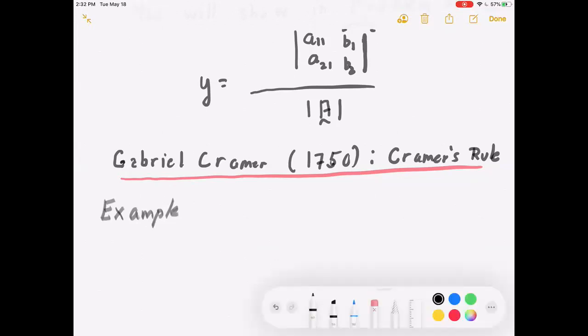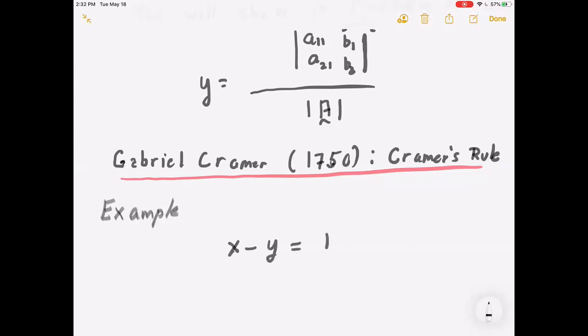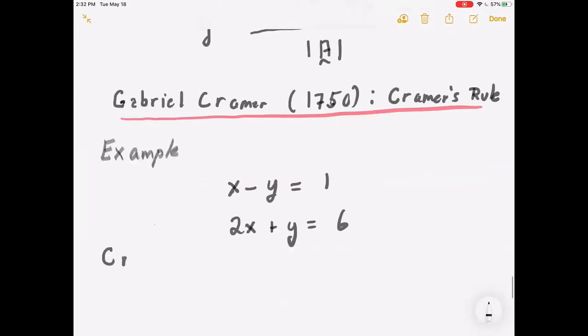So we had 2 equations, 2 unknowns. x minus y equals 1, 2x plus y equals 6. And we're going to use Cramer's rule. We're not going to use the brute force approach, but we're going to use Cramer's rule to find x and y.